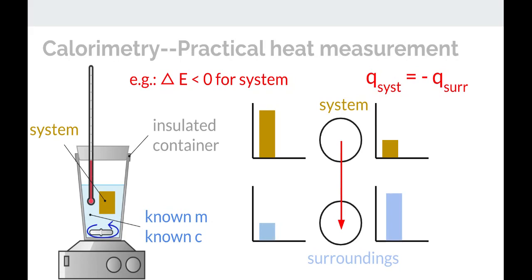Why is it the same amount out of the system and into the surroundings? Because we insulated this container, and there's no other way energy could get into or out of the surroundings except if it came from the system. So that means that the system energy loss is equal to the opposite of the surroundings energy gain. And then we can use that to measure how much energy storage change occurred in our system.